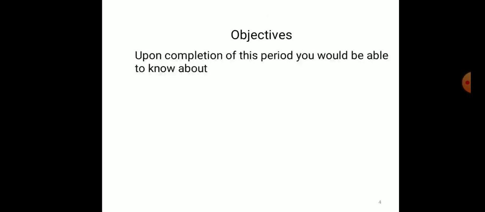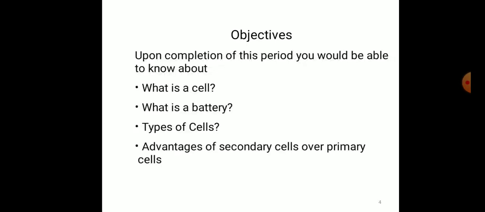The objectives of this topic are as follows. After completion of this period, you would be able to know what a cell is, what a battery is, what the different types of cells are, and the advantages of secondary cells over primary cells.